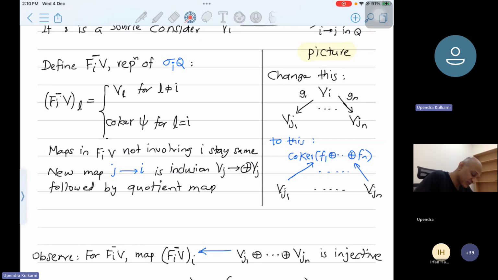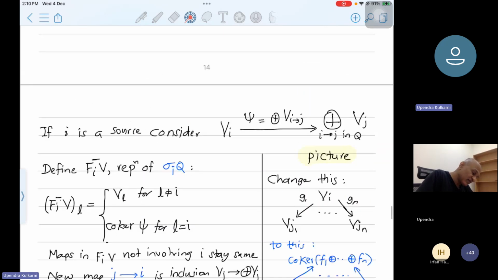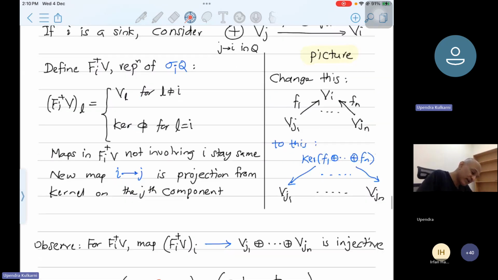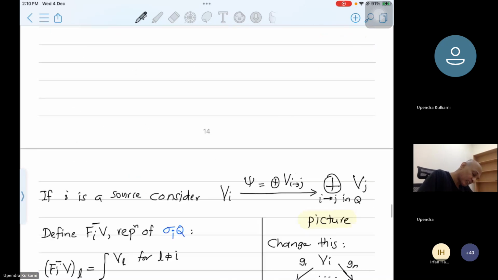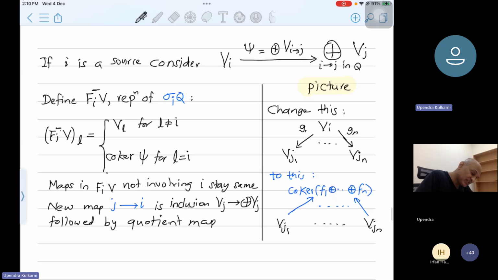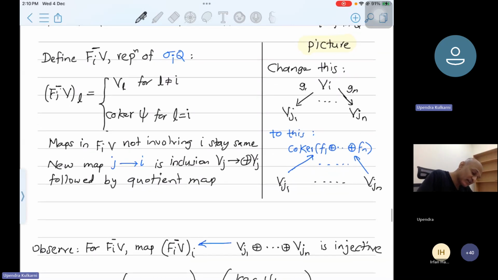With that in mind, let's observe something. Notice that in the new situation, the map that I got, so remember this map I have called psi, whereas the earlier map I called phi. So observe one thing. In this new situation, the map phi that I'm going to get for the new quiver will be the direct sum of all of these chained together, mapping onto that.